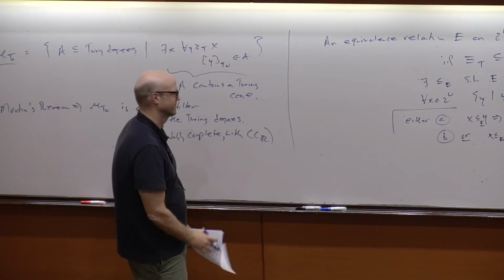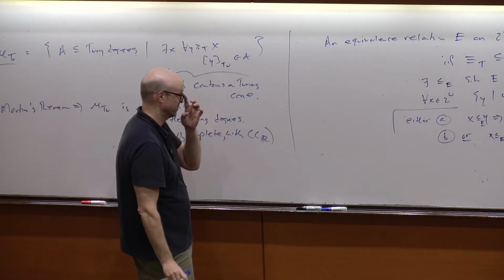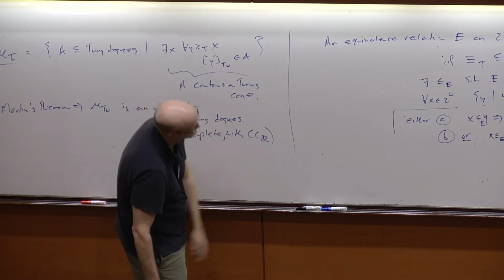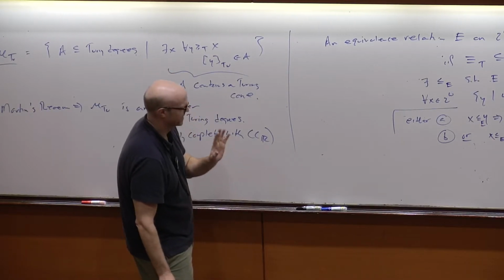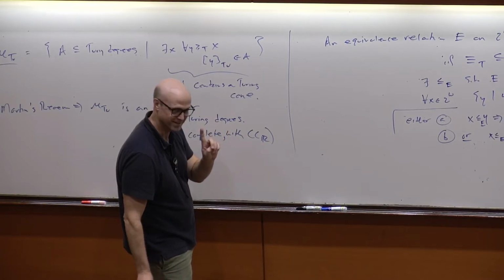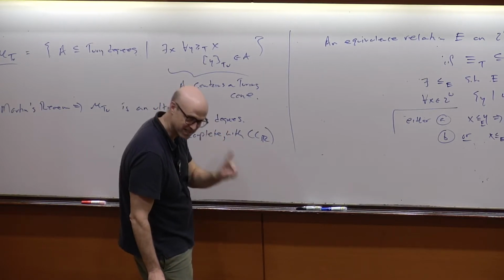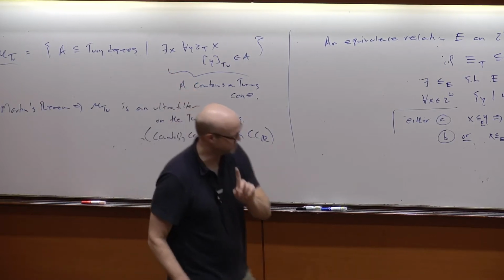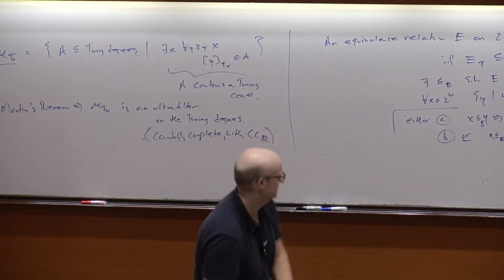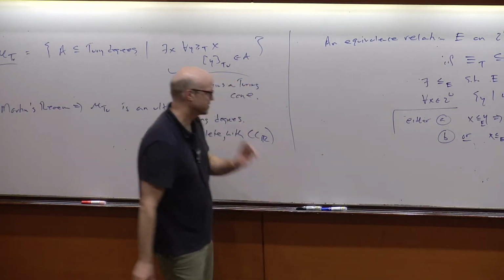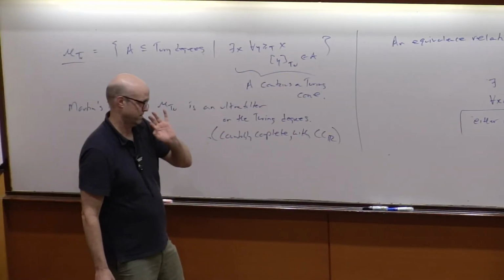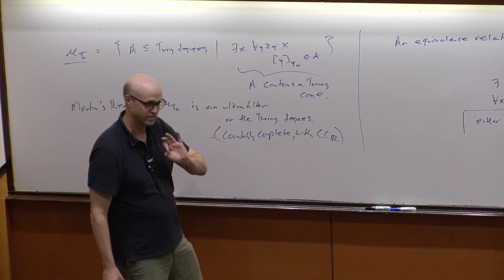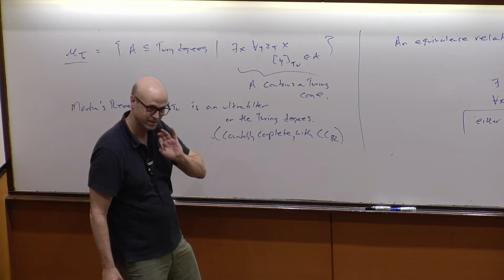I don't know, I'm sort of making a big deal about nothing. I guess the point is that Turing reducibility is overkill for Martin's theorem, right?